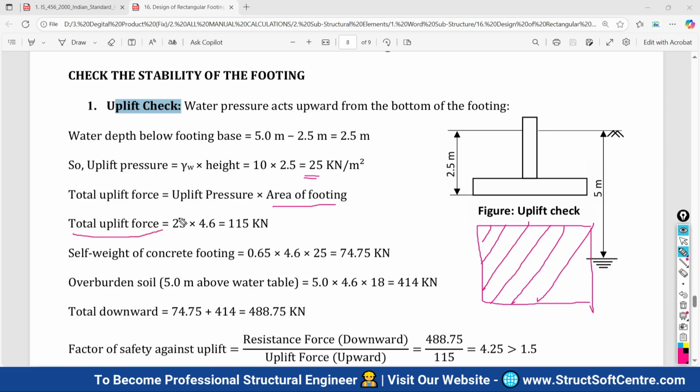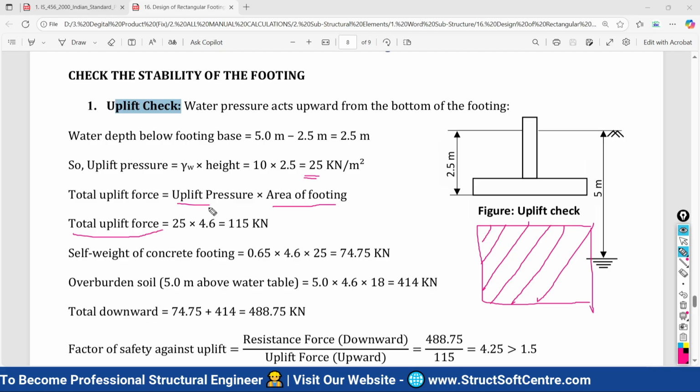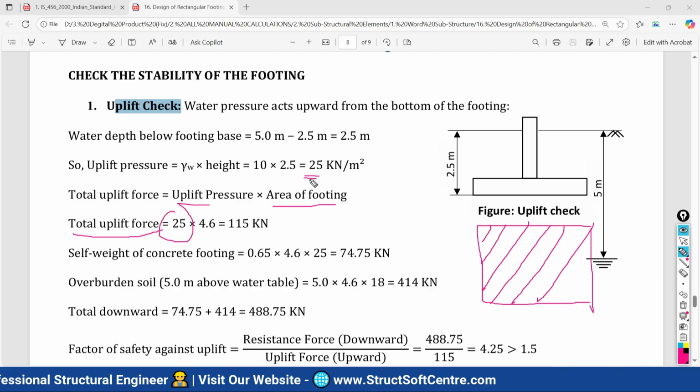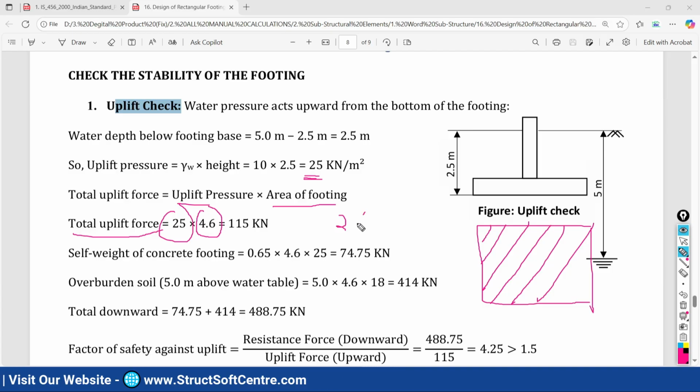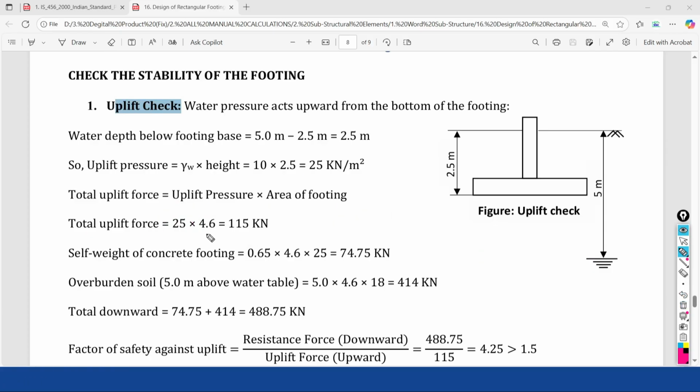Total uplift force will be equal to the uplift water pressure 25, which we have calculated, multiplied by the total area of the footing, 2 into 2.3 meter being our size of the footing. If you multiply these two things, you get the upward water pressure at the base of your footing, so 115 kilonewton. Now it is causing the instability.